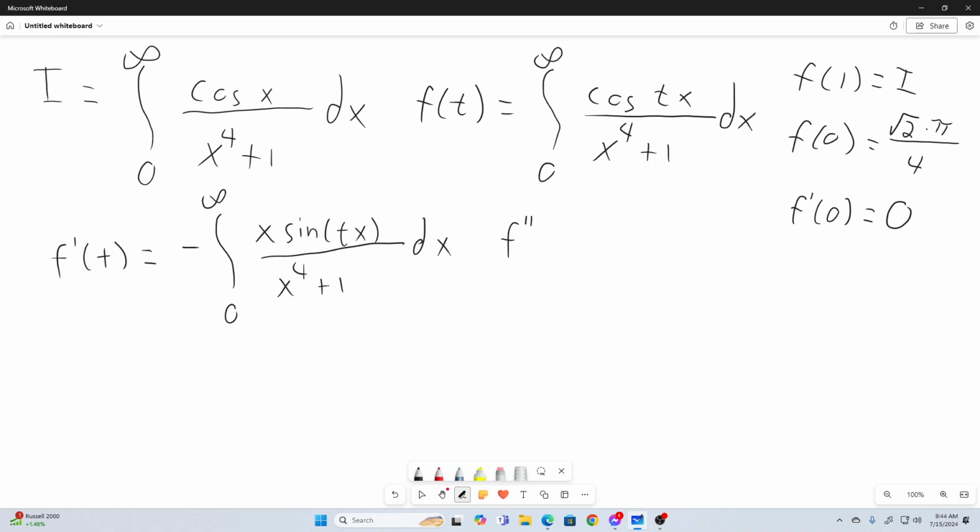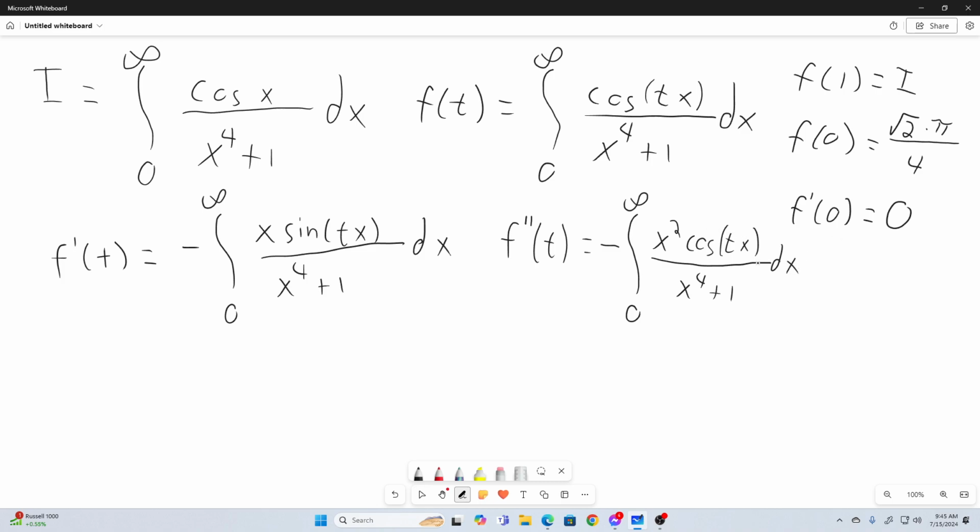So our f double prime of t is equal to negative integral 0 to infinity of x squared cosine tx over x to the fourth plus 1 dx.